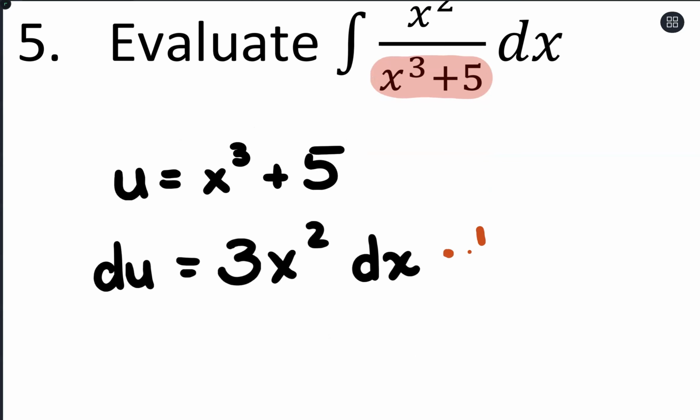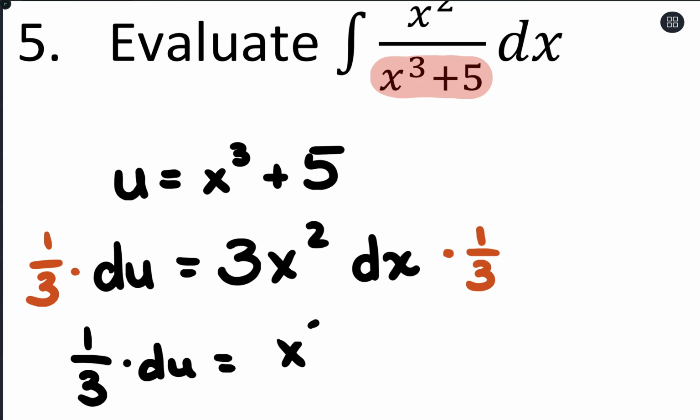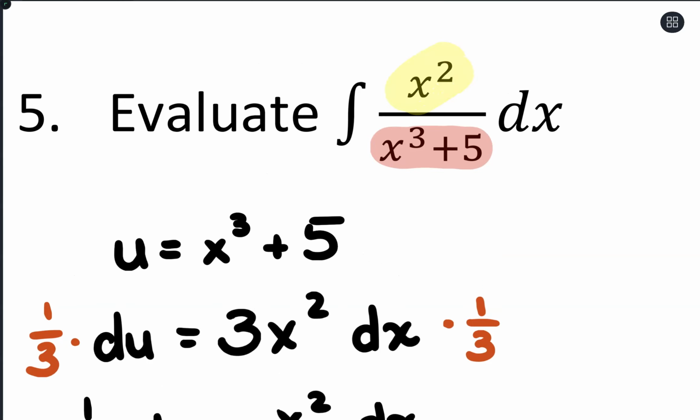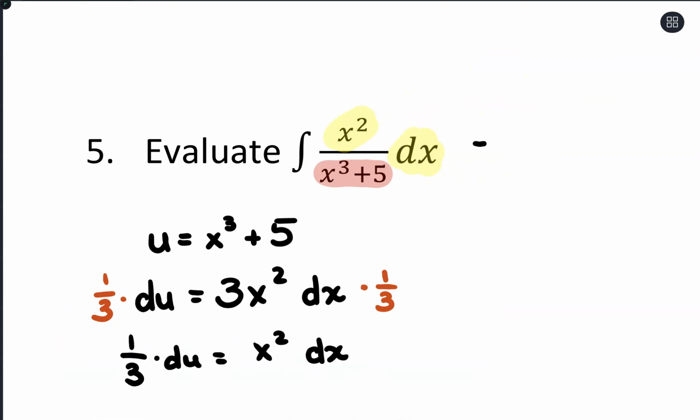So what we could do is multiply by a third, or divide by 3, to see that 1/3 times du is the equivalent of x squared dx. So now I can make my substitution for that x squared dx part. So what we're going to have here is the antiderivative of 1/3 and 1 over u du.